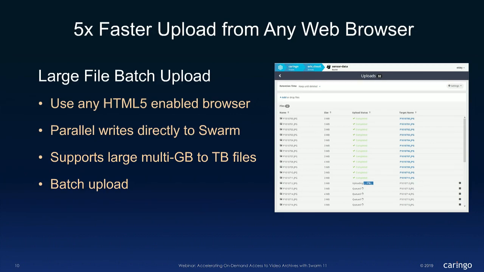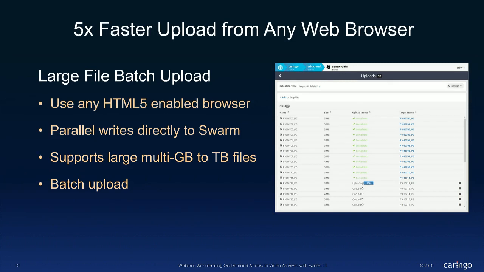What we did was take our existing portal and overhaul the way that our file upload works so that it is now a parallel upload directly into the storage system. This uses the modern browsers that you have already, with no additional software added on to your browser.